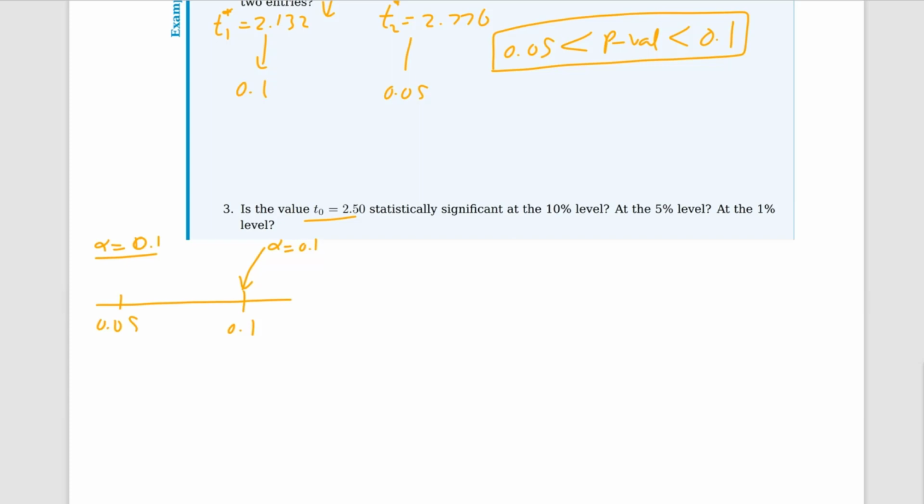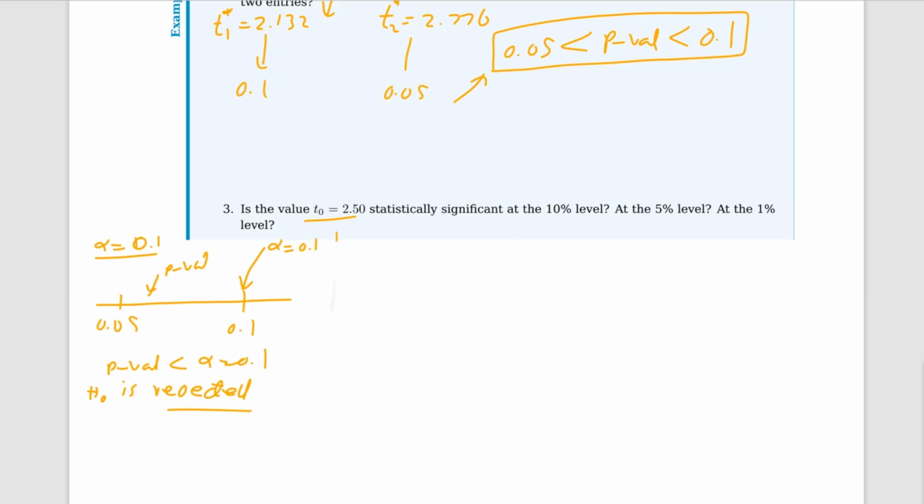Therefore we can say the p-value should be somewhere here. Under this condition, you see p-value less than alpha 0.1, therefore H naught is rejected. H naught is rejected. You see that?